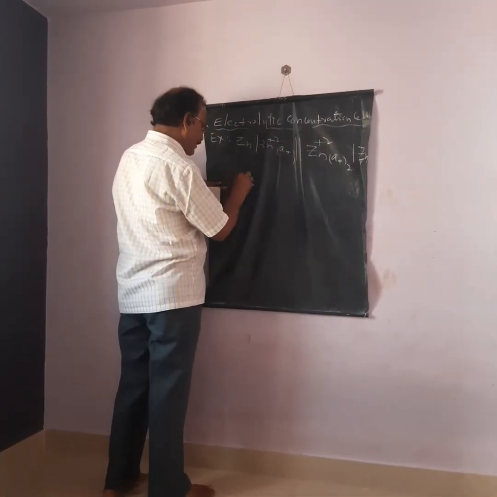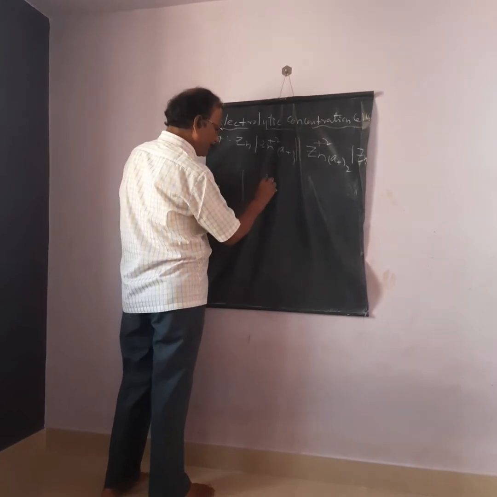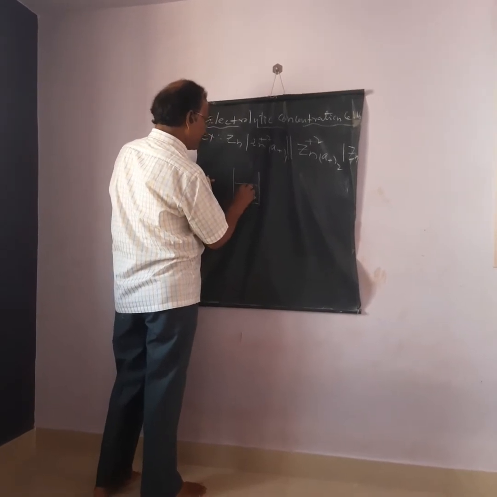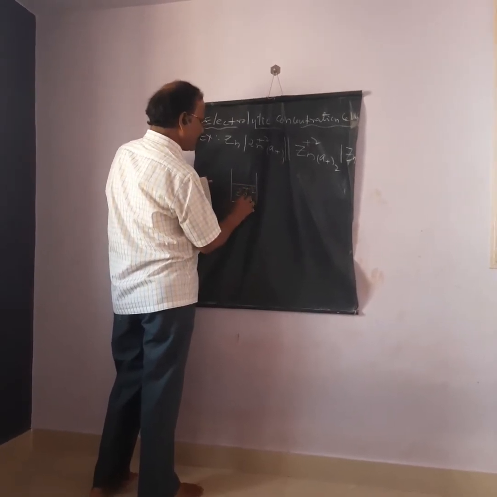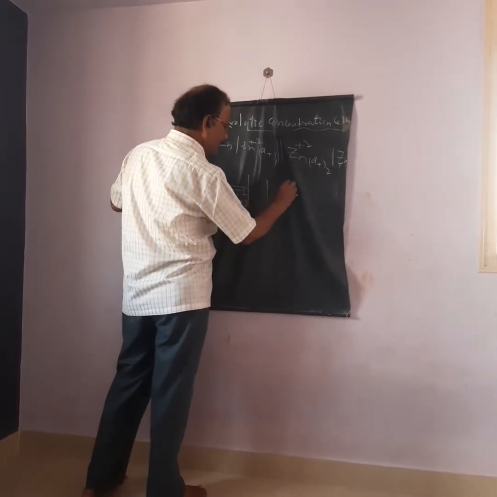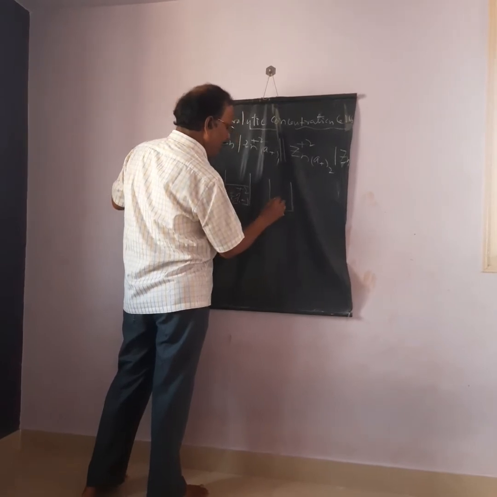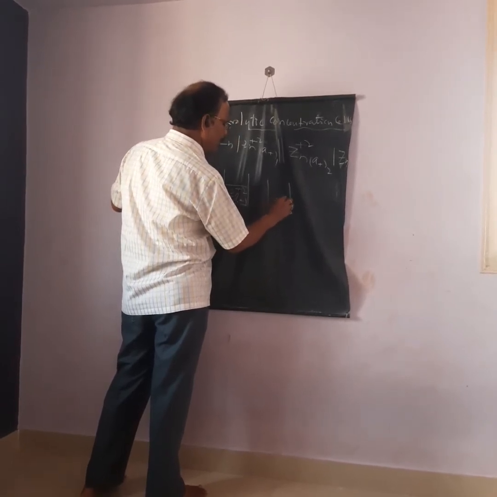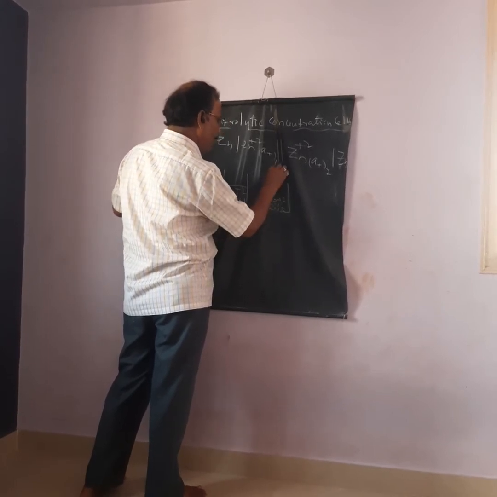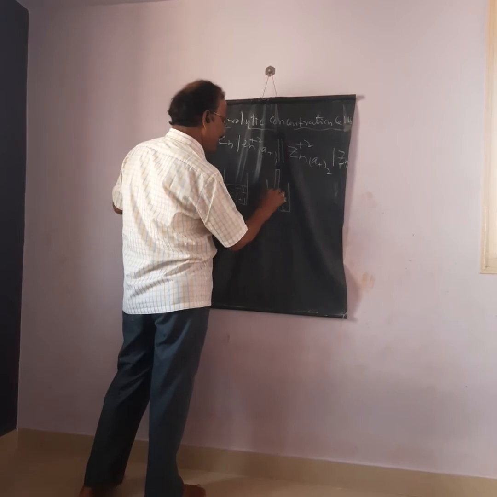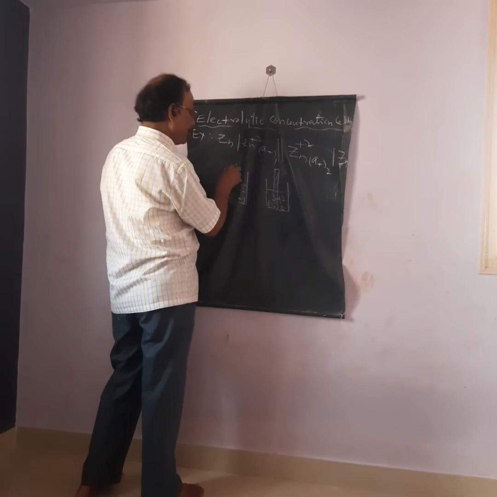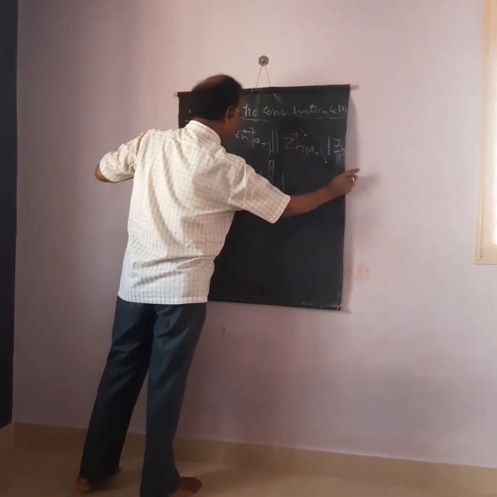You can take a zinc solution, Zn2+, the activity of Zn2+ is a1, and another beaker containing another zinc solution, the activity is a2, and we can introduce a zinc material, that is a zinc electrode, for electrical contact, and we can make use of a salt bridge.